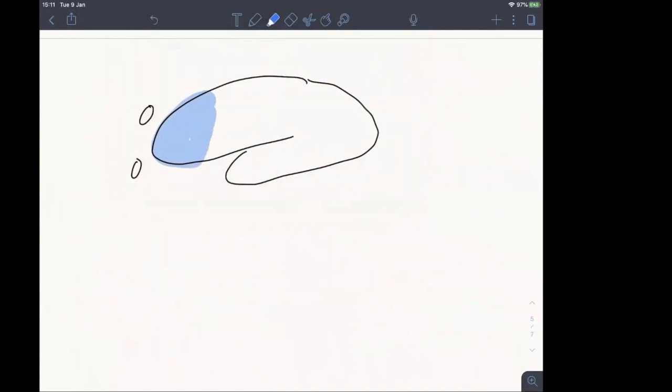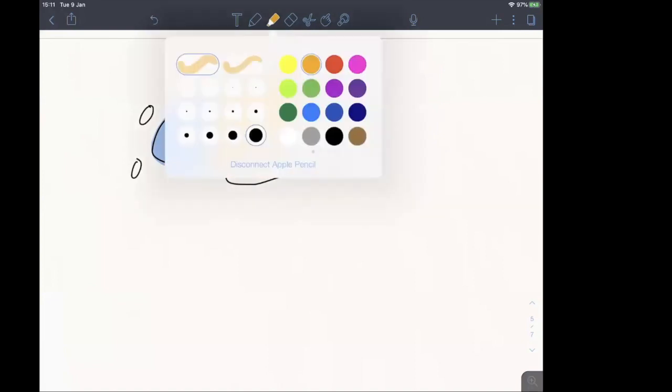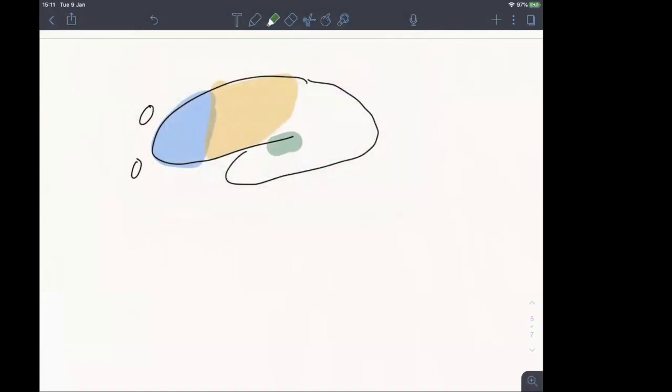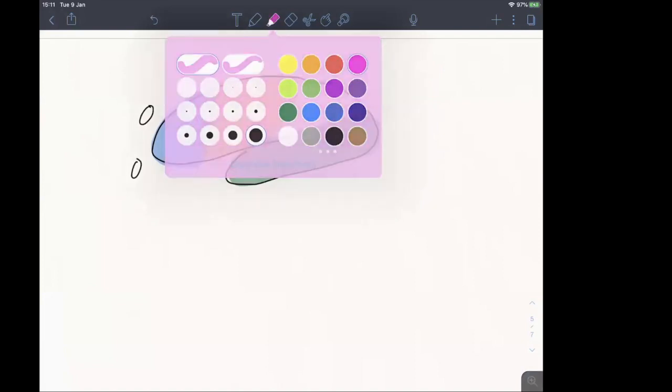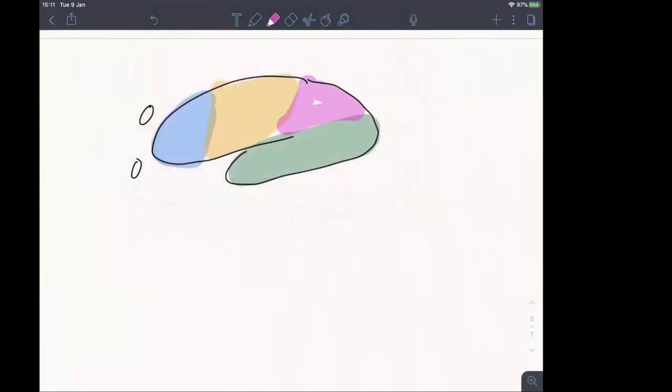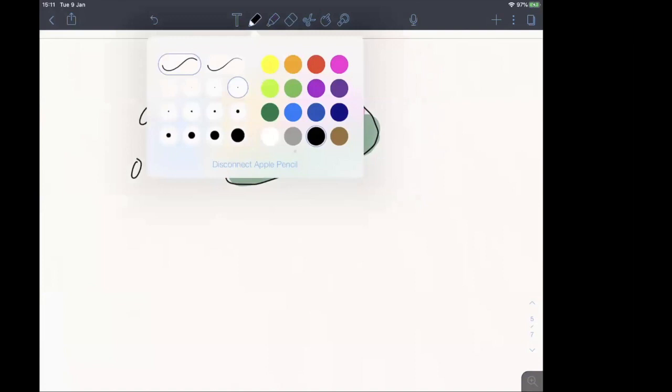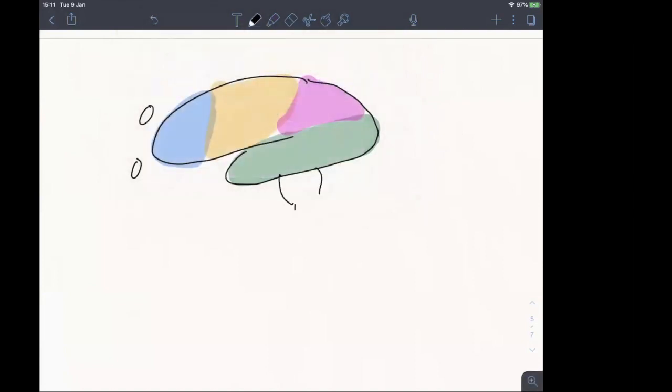There are certain lobes in the brain. You have your frontal lobe in blue, parietal lobe in orange, temporal lobe in green, and occipital lobe in pink. And here you have the brainstem.